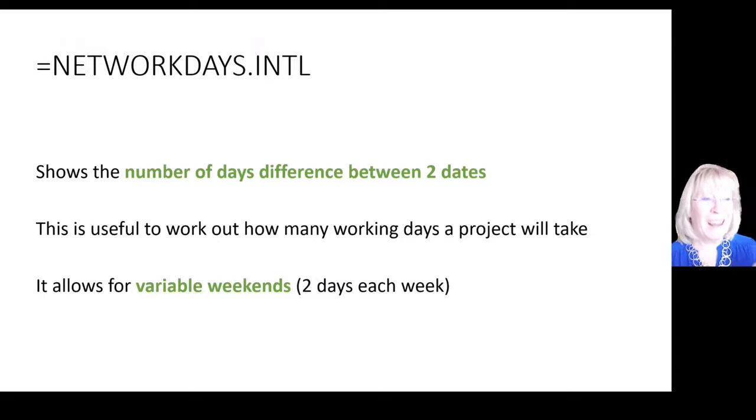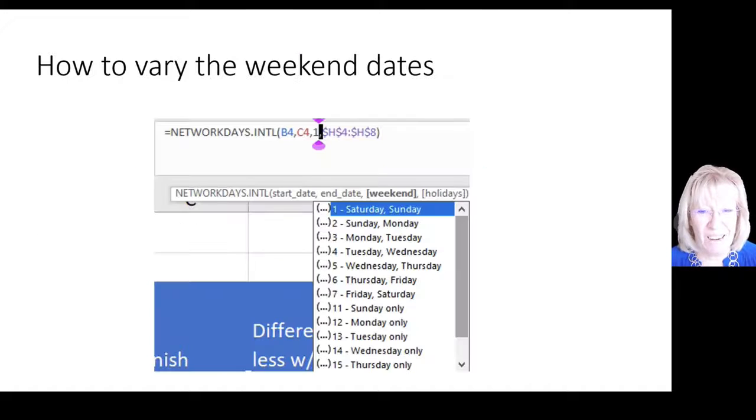Okay, how do we use the other formula, which will vary the weekend? This formula is called network days.intl, and it shows the number of days difference between the 2 dates, but it allows for variable weekends, but it always says 2 days per week. Okay, so how does that look?